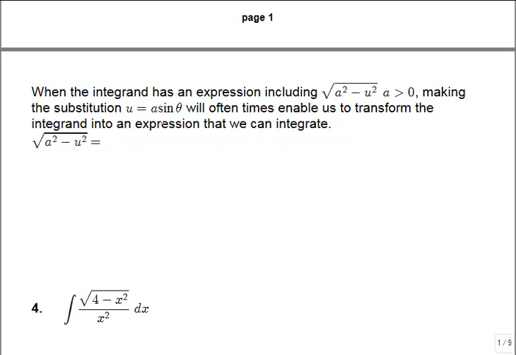So let's see why doing this U-substitution is going to work for us. Here's what we're doing. We're letting u be a sine theta. So this expression turns into the square root of a squared minus, and if I replace this u with a sine theta, and I need to square that because my u is being squared, this becomes the square root of a squared minus a squared sine squared theta.